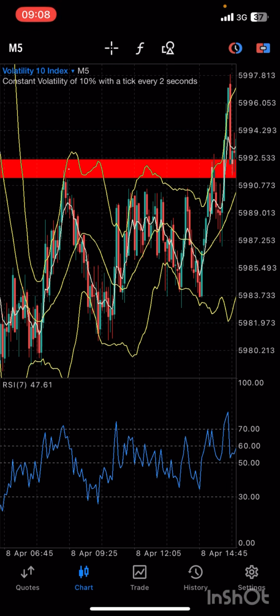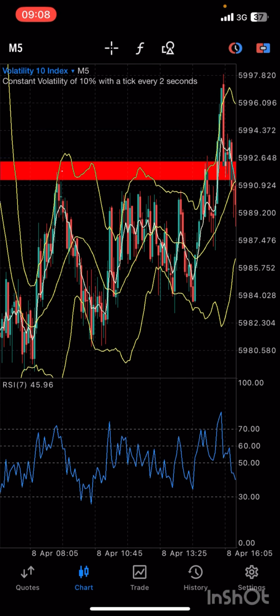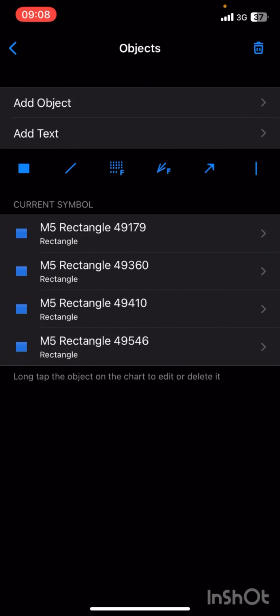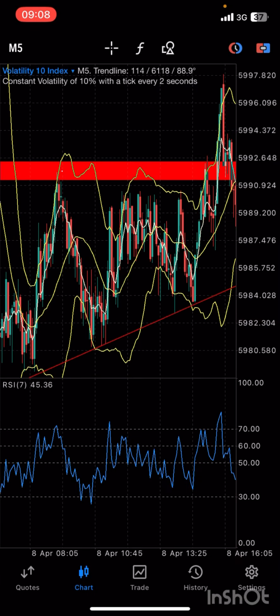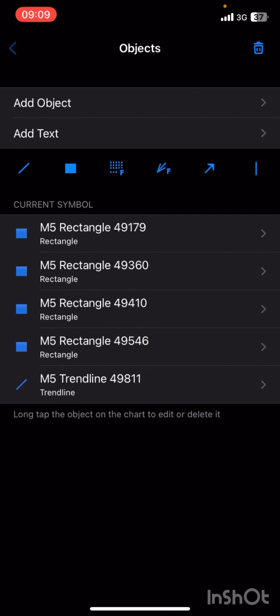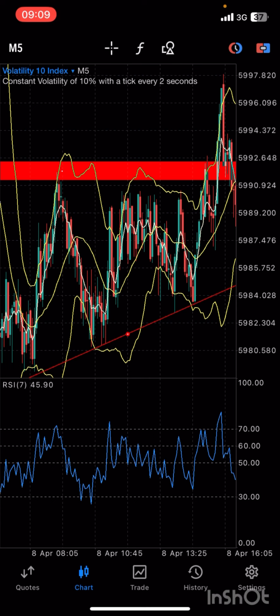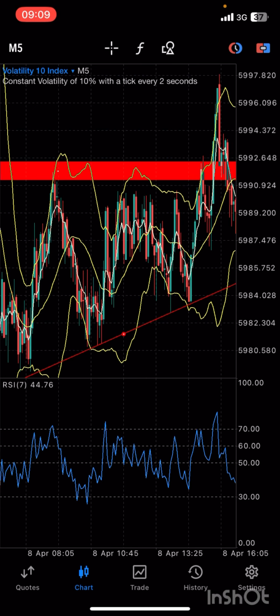So what we're going to wait for is for price to be able to come down. So what I can see is that if I draw a trend line here, good, I can see that point as a good support zone. So let's see how the price is, and let's see how it will work with the Bollinger.